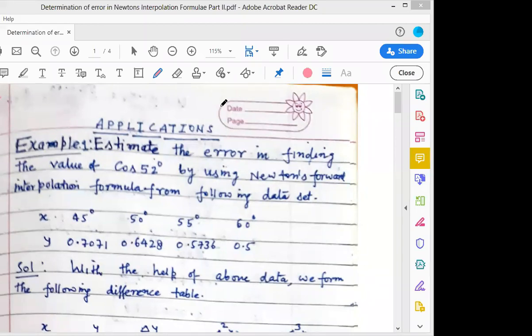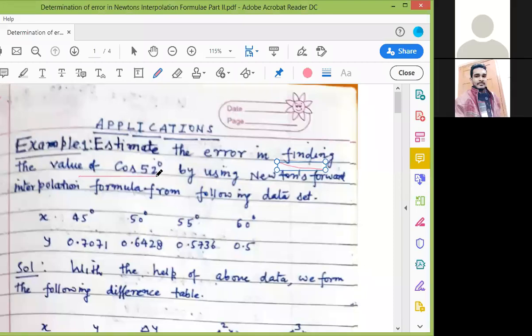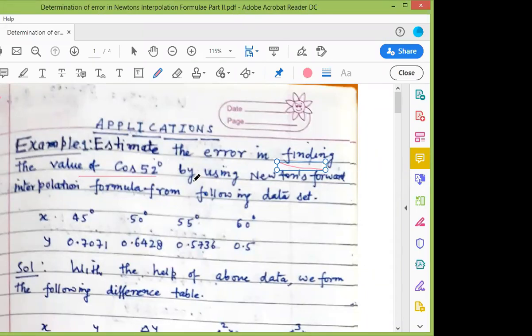Estimate the error in finding the value of cos 52 degree by using Newton's forward interpolation formula from the following data set. X is 45 degree, 50 degree, 55 degree, and 60 degree.